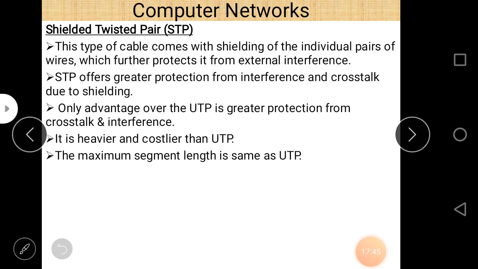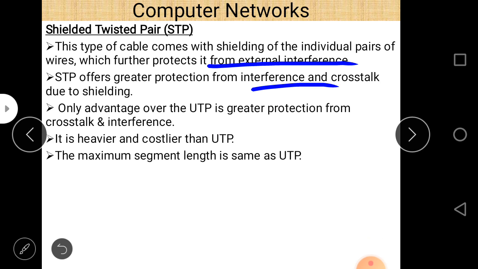For the shielded twisted pair cable, the first point is that this type of cable comes with shielding of the individual pairs of the wires, which further protects it from external interference. STP offers greater protection from interference and crosstalk due to shielding. The only advantage over the UTP is greater protection from crosstalk and interference.